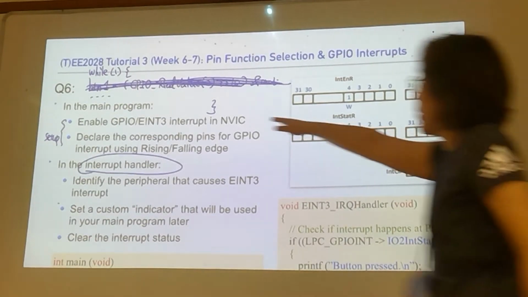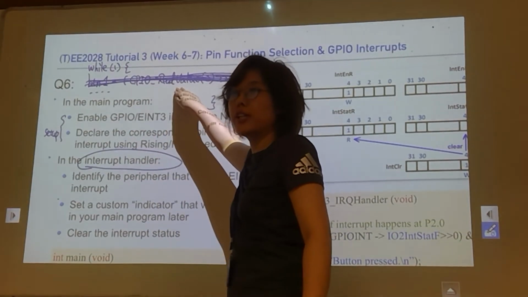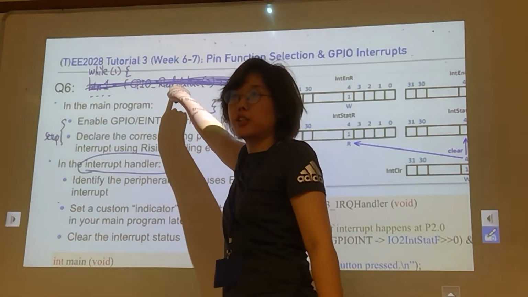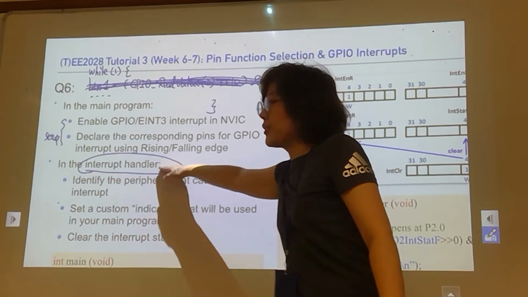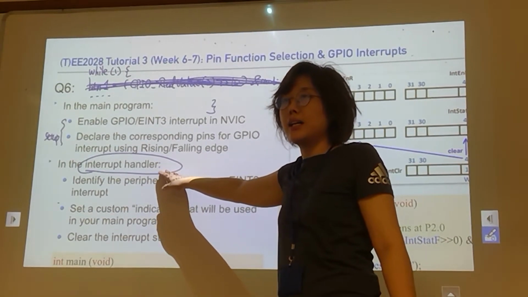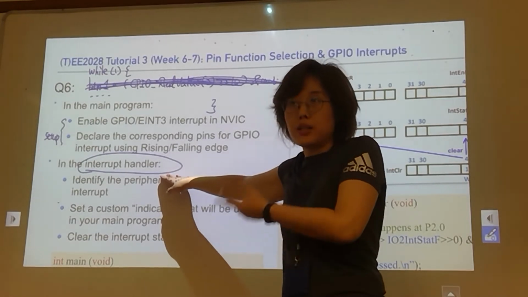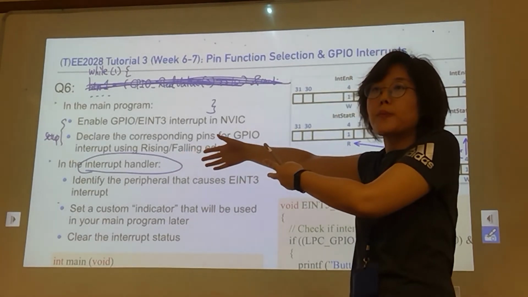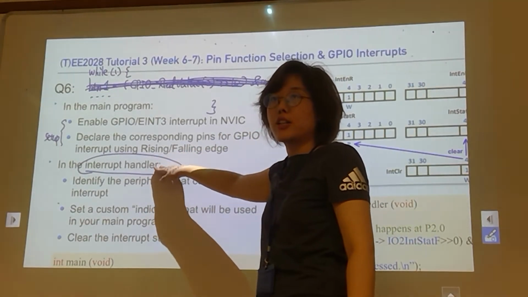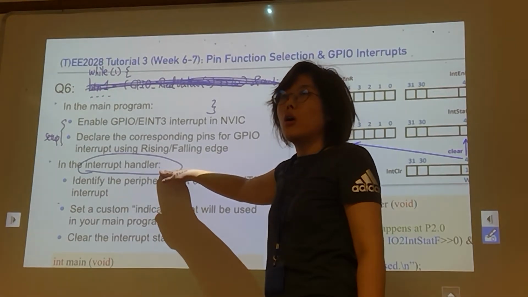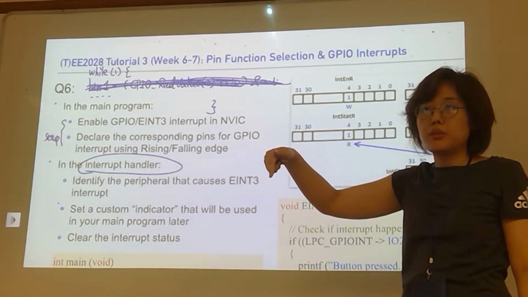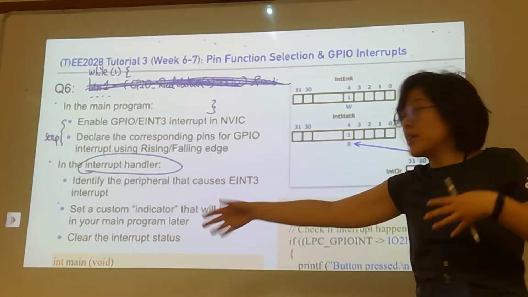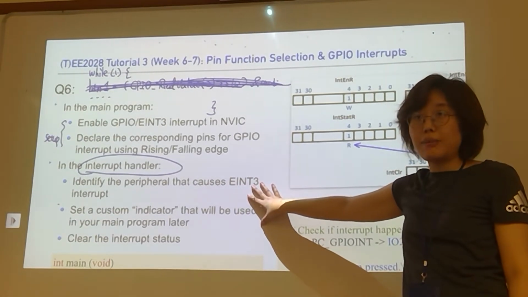This is the way we call a function, right? We write our code here, and when your program executes this line, it jumps into this function. But a handler you can imagine as a function that only your ARM processor can call. We are not able to call it by ourselves. Your ARM processor will jump into this function once it detects the interrupt. So you can construct your following actions inside this interrupt handler.